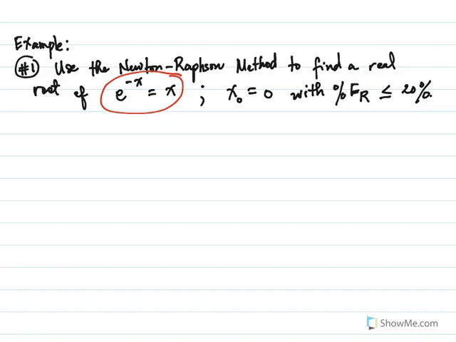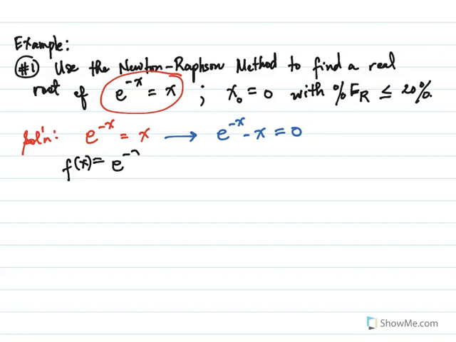So from e raised to negative x equals x, we have to transform this to e raised to negative x minus x equals 0, to make it in the form f of x equals 0. And then from here, you can now say that your f of x is actually equal to e to the negative x minus x.